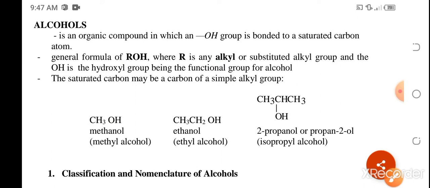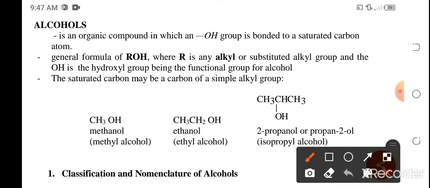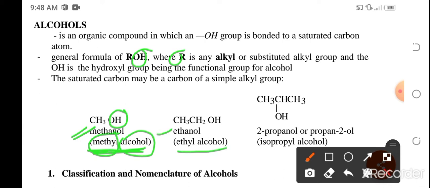Alcohol could be named in two ways. It could be an IUPAC name or a common name, but the common name is only applicable for simple alcohols. Methanol will have a common name of methyl alcohol. This is composed of two words: one word for the alkyl group and the word alcohol to denote that there is the OH or the hydroxyl. Another example is ethanol with the common name of ethyl alcohol.